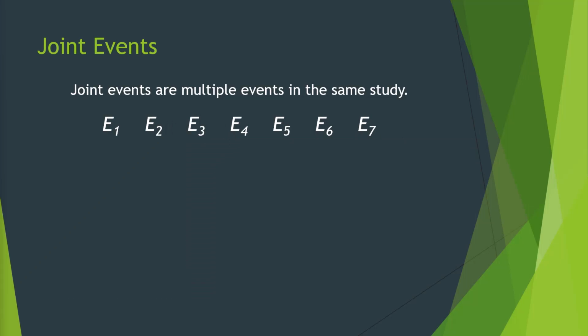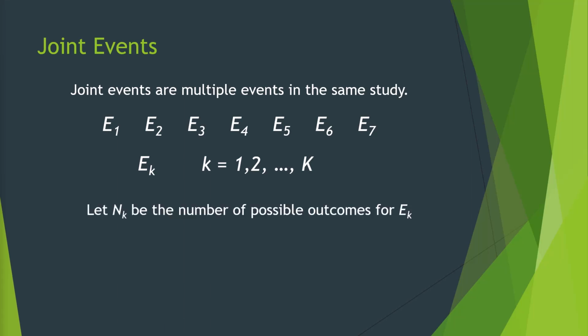In fact, let's go ahead and simplify the notation. We'll use E for an event, a subscript K to indicate which event, and then we will change K from 1 to 2 all the way up to capital K, which in this case would be 7, the number of events.